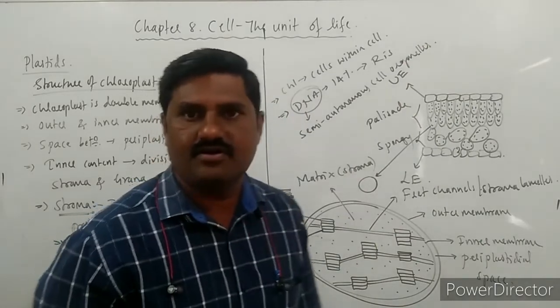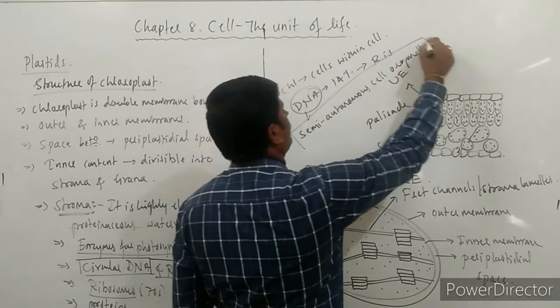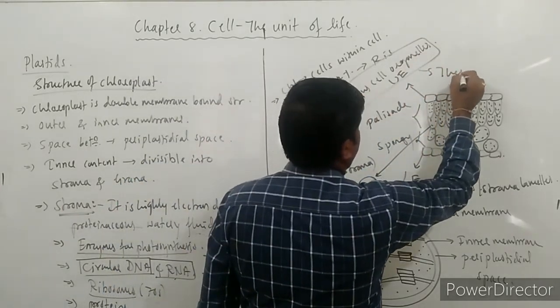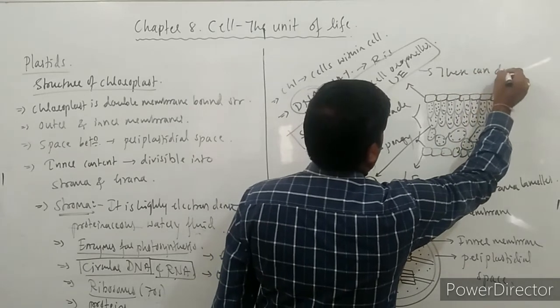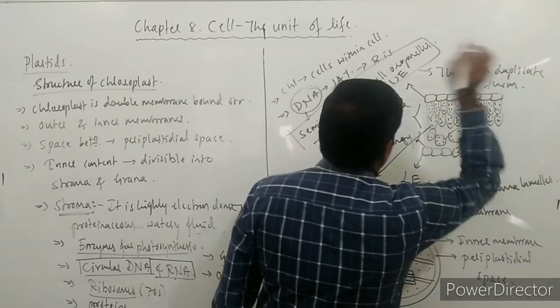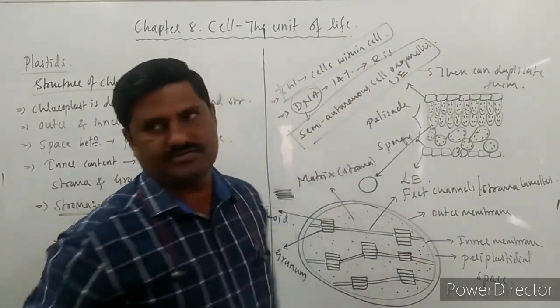Right? These are called semi-autonomous cell organelles. Since they have their own DNA, they can duplicate themselves. So these are also described as cells within the cells. Right?